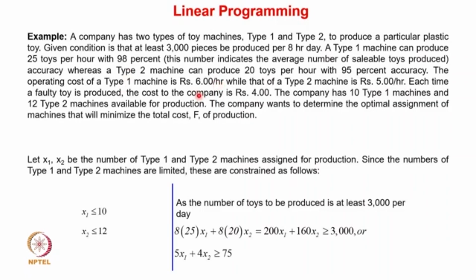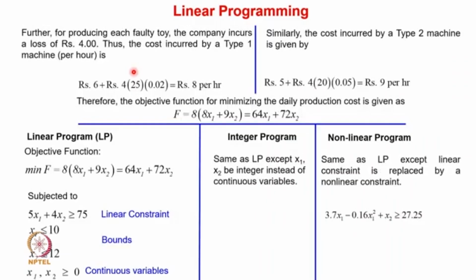The type 1 machine has 98% accuracy, meaning 2% of toys are produced faulty, isn't it? So 4 rupees is required for one faulty toy, and 25 toys are produced every hour, so 25 multiplied by 0.02. So the production cost for the type 1 machine is 8 rupees per hour.